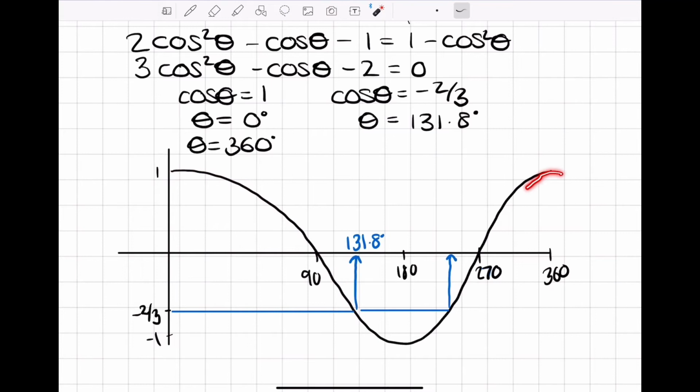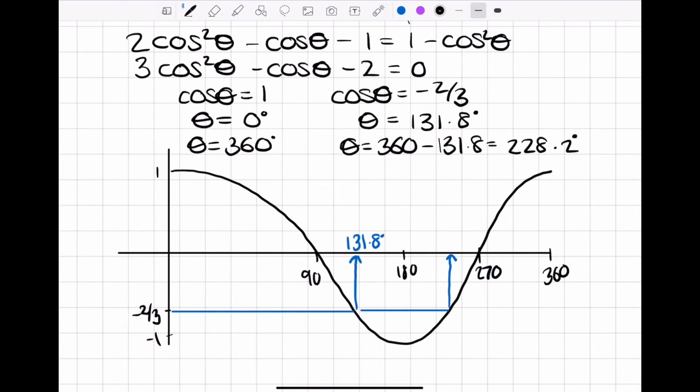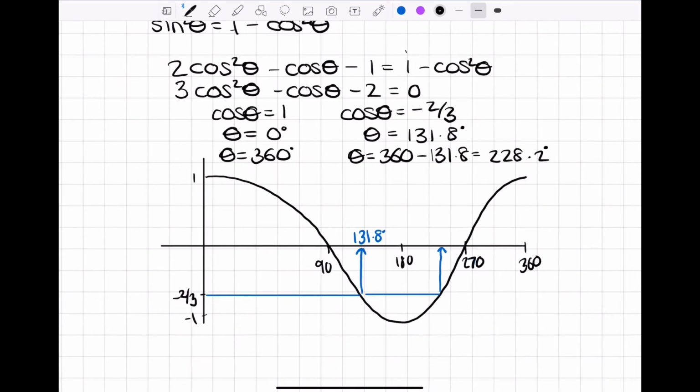Because it's symmetric, for all of this part, this distance here will be 131.8. So we can do our next value at 360 minus 131.8. That should give us a value of 228.2 degrees. And that is all 4 solutions altogether.